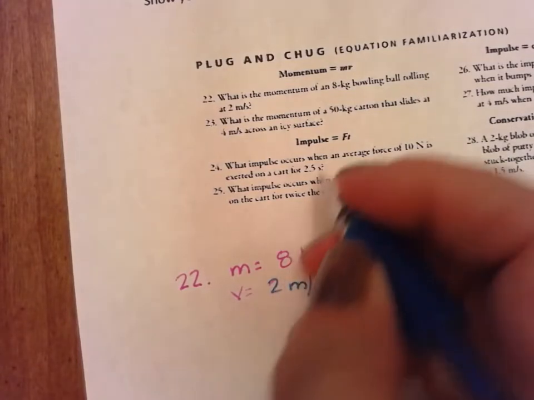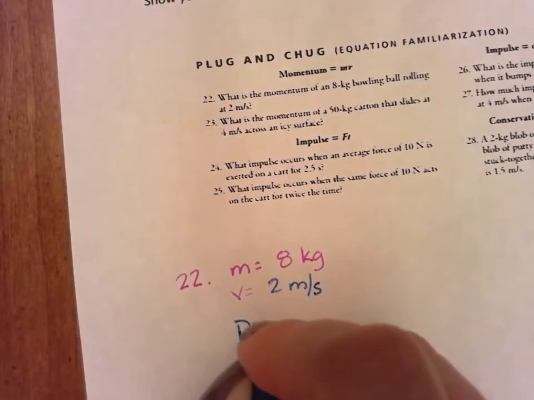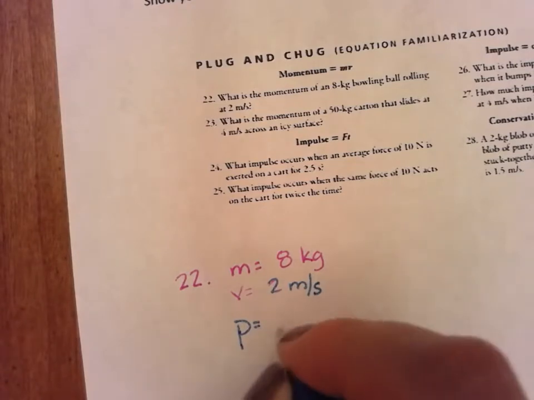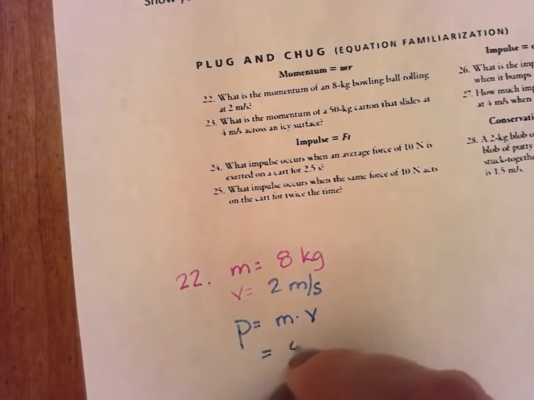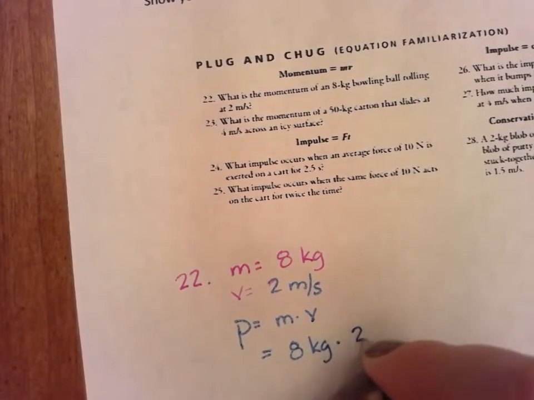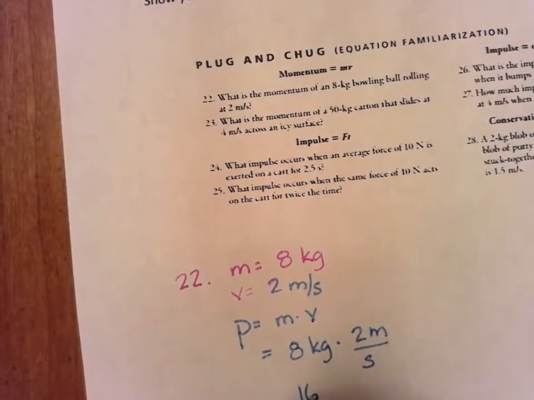The equation is that momentum, remember we represent that with a small p, is equal to mass times velocity, which is equal to 8 kilograms times 2 meters per second, which is equal to 16 kilogram meters per second.